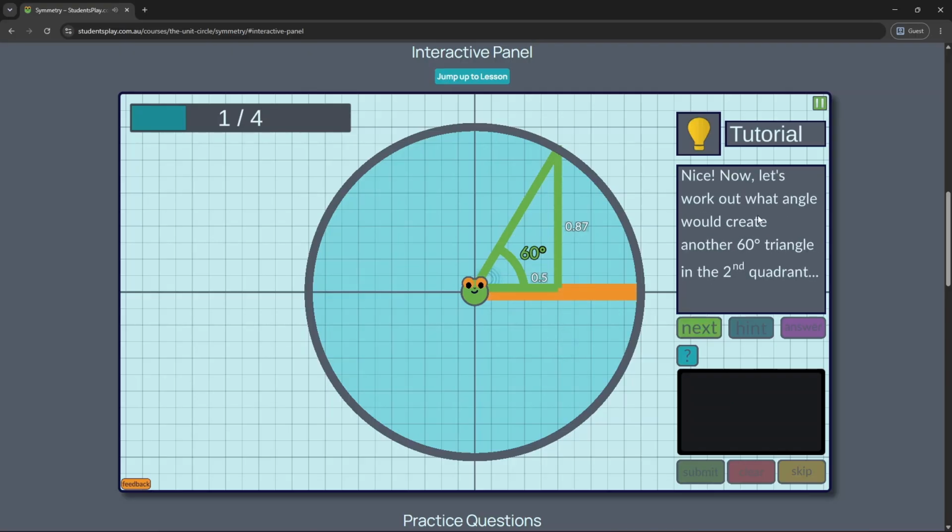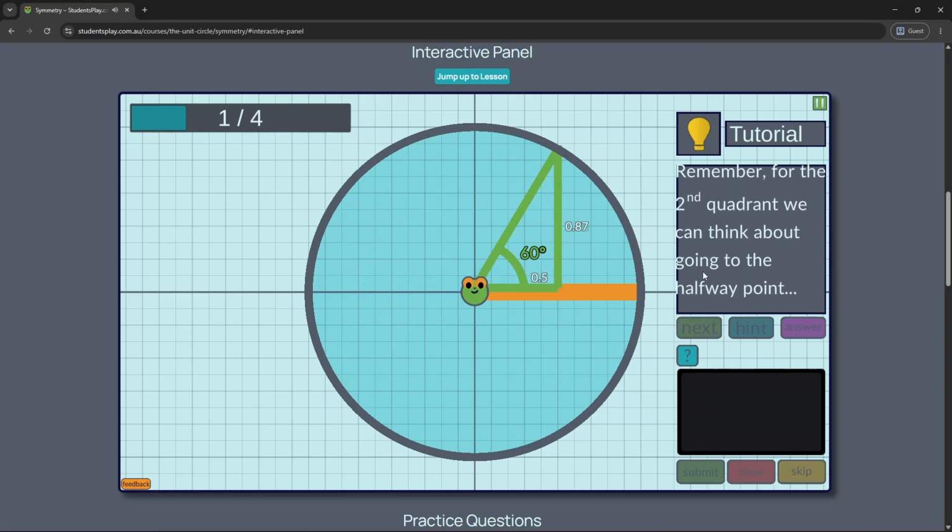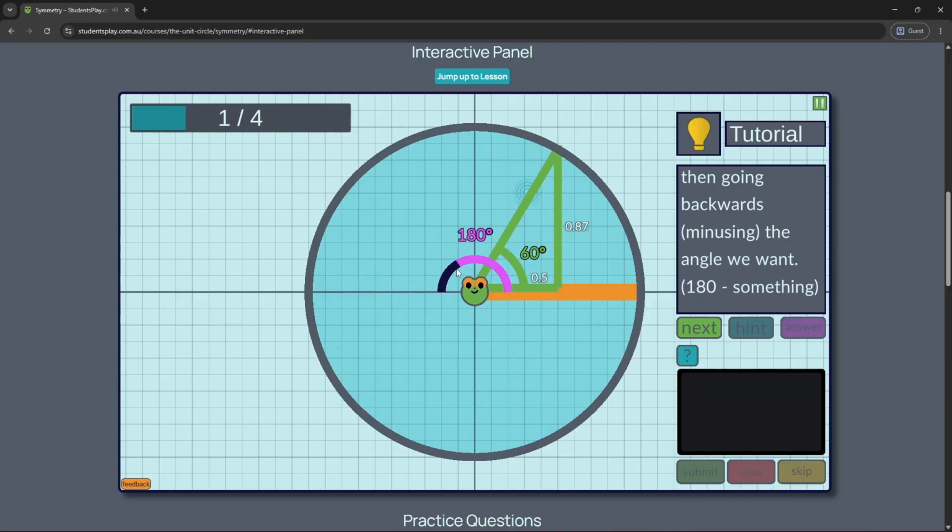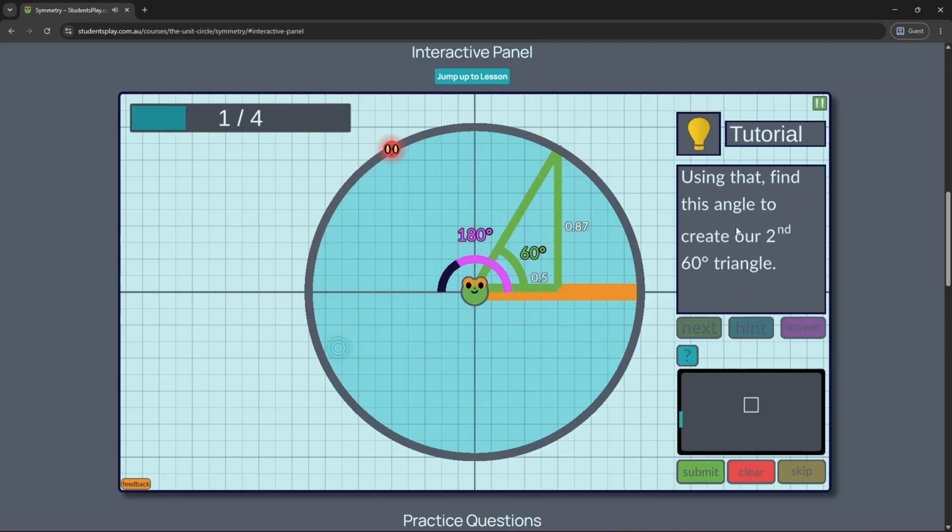Nice. Now let's work out what angle would create another 60-degree triangle in the second quadrant. Remember, for the second quadrant, we can think about getting to the halfway point, then going backwards, minusing the angle we want. So 180 degrees minus something. Using that, find this angle to create our second 60-degree triangle.